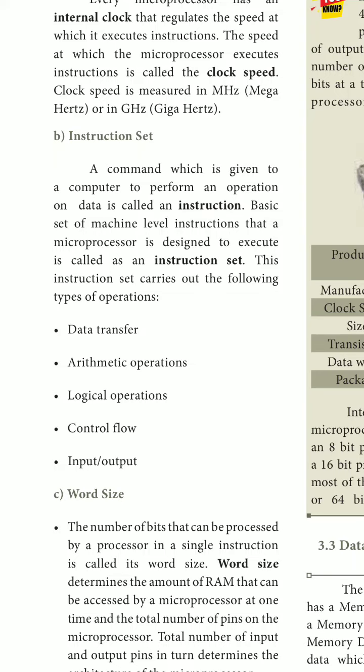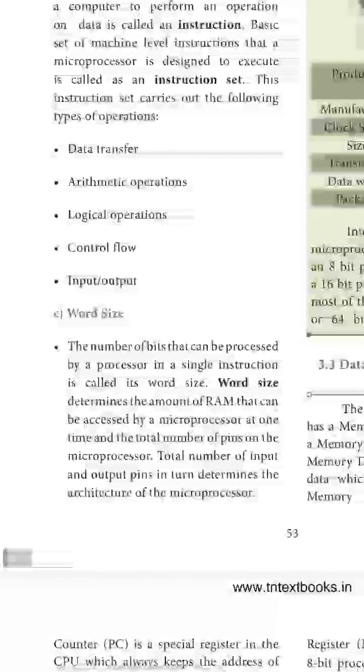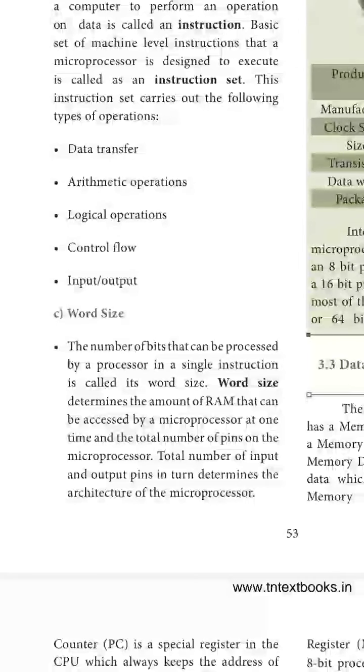The commands for these operations will be there in the instruction set. Next is word size: the number of bits that can be processed by the microprocessor in a single instruction is called the word size. In older computers it was 8 bit and 16 bit, but nowadays 32 bits and 64 bits are the commonly used word sizes in the market.